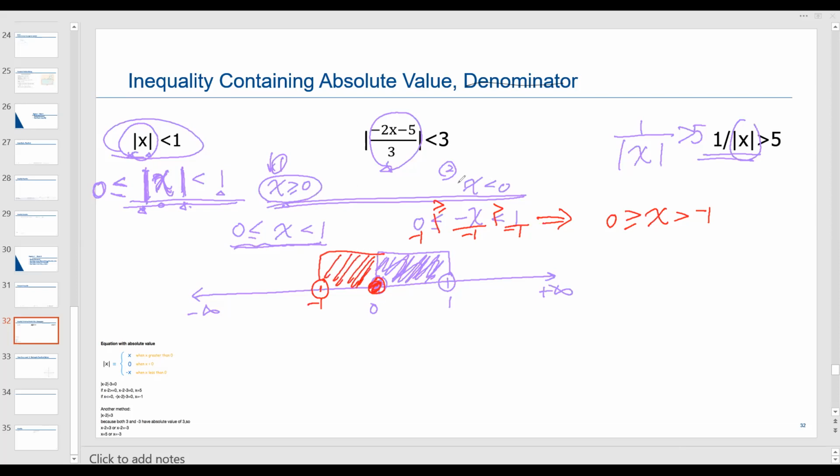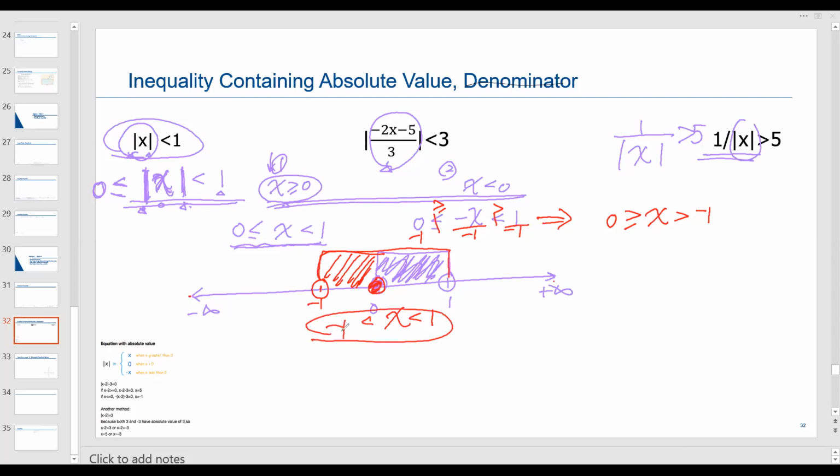So combine these two. You can pick any number between negative infinity and positive infinity; they possibly have these solutions. Combining these two, we say x is less than 1 and greater than -1.